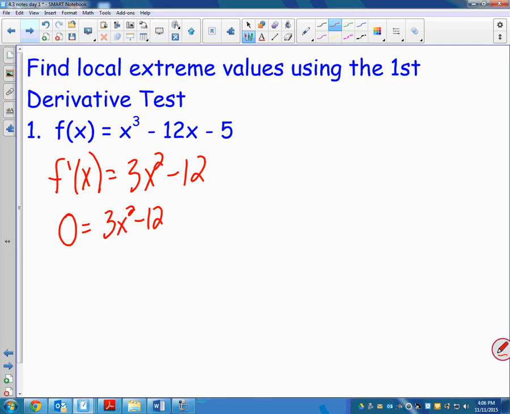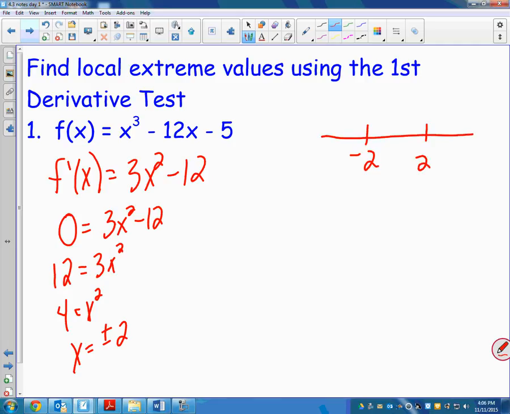You could divide by 3, or you could just add 12, then divide by 3, and we get x equals plus or minus 2. And hopefully the same way you finished the 4-2 day 2 notes, and the same thing you did on your worksheet, you know now that you can just think about from negative 2 to 2 and look and see what's happening with the derivative at those points.